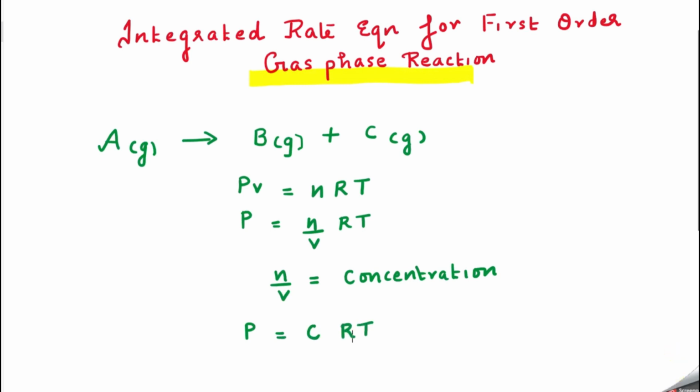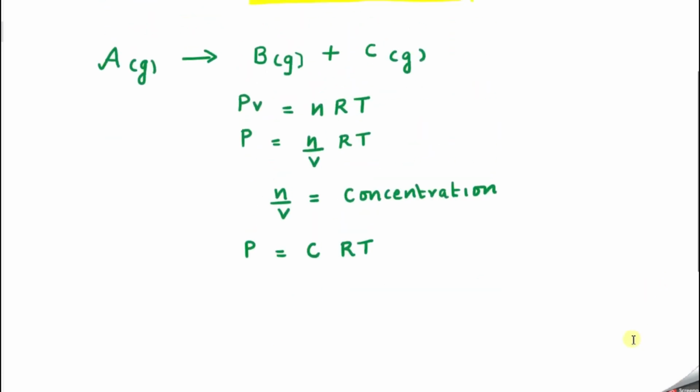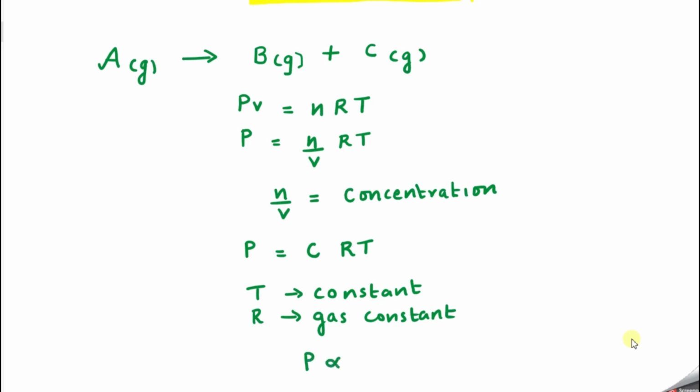Now let's say for a reaction, T is a constant. We are maintaining the temperature as constant. We already know R is also a constant, that is called the gas constant. So if these two are constant, we can say pressure is directly proportional to C, that is concentration.